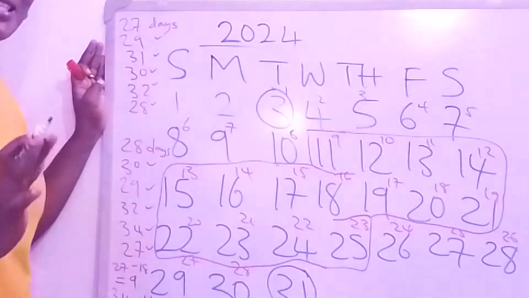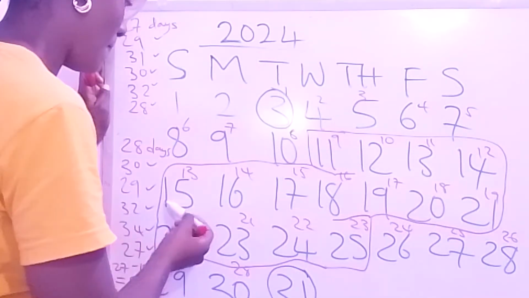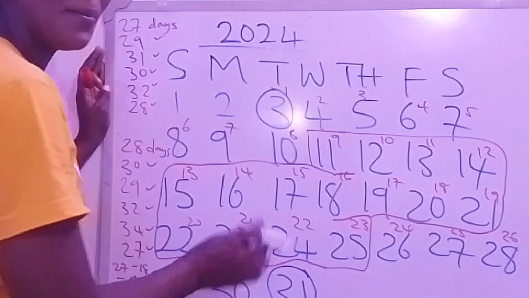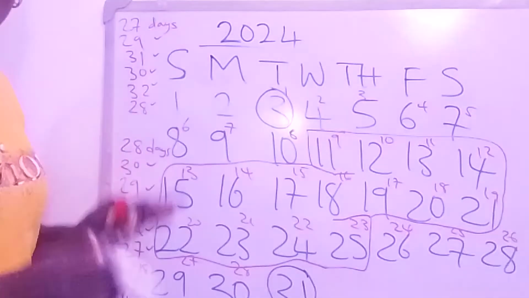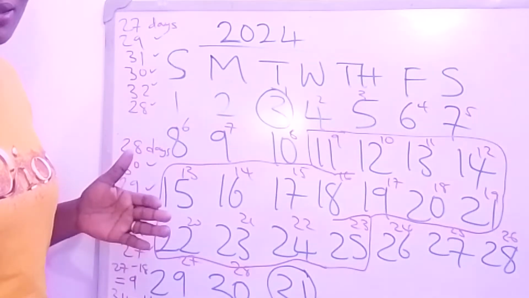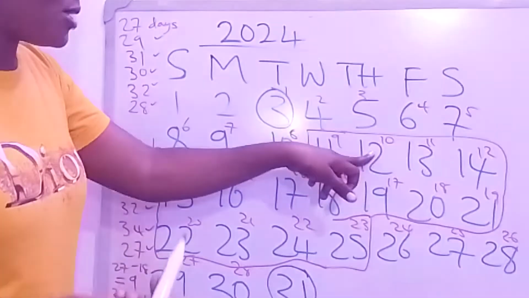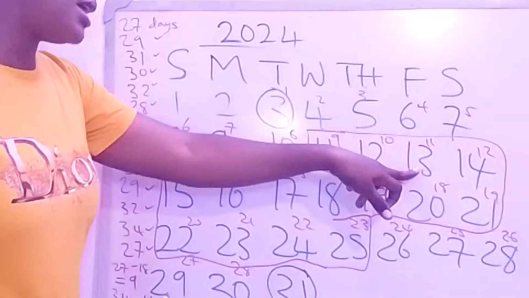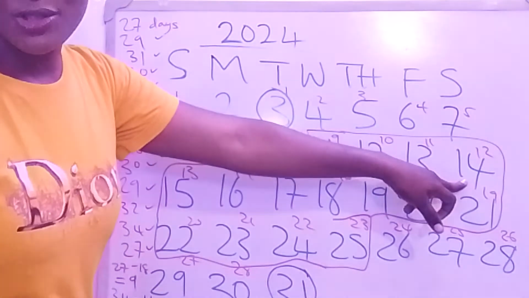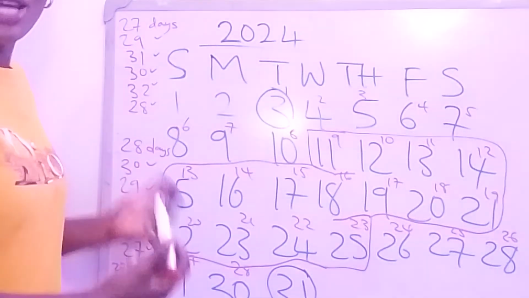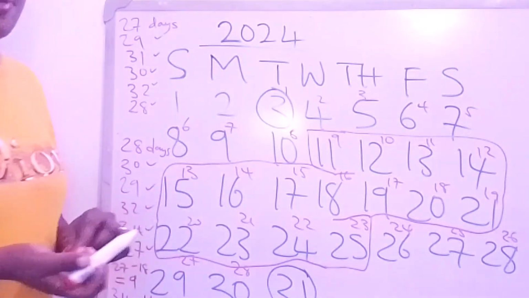So she's expected to have sexual intercourse during these days in order to get pregnant. And it's advisable for her to have sex on alternate days. She can choose to have sex this day, she rests the next day, she baby dances again, the next day she rests. And she keeps doing like that, having in mind that the sperm can survive 3 to 5 days.